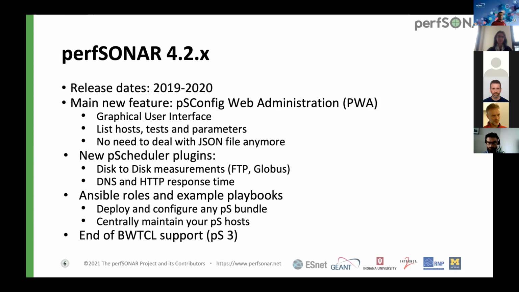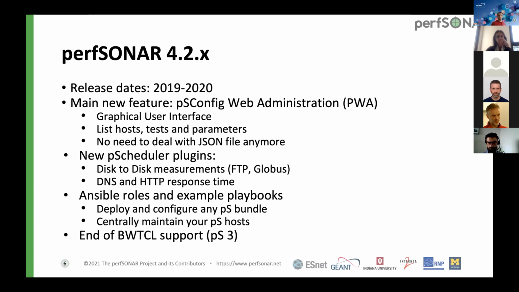And one other area of work that we've been working on in the past years is providing you with Ansible roles and an example playbook for Ansible to deploy and manage a setup of perfSONAR nodes in your network, and being able to administrate the configuration of these nodes easily through Ansible.